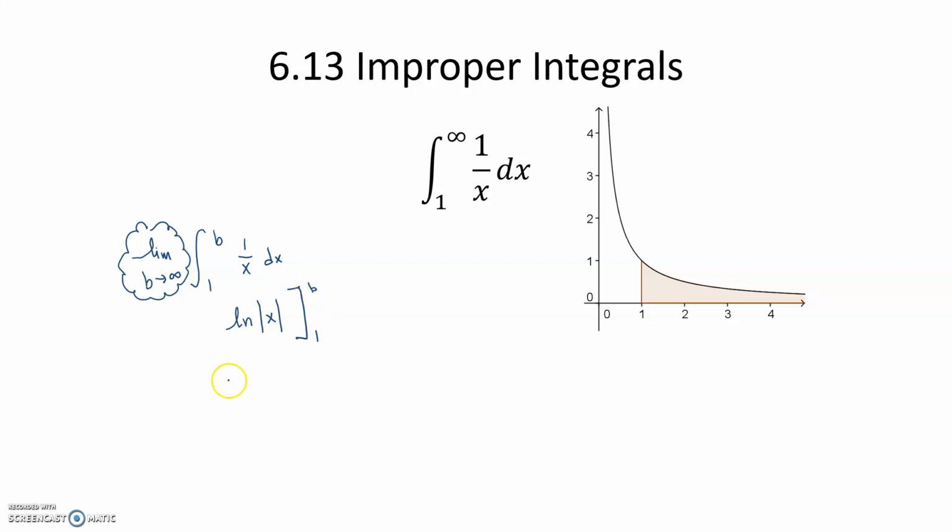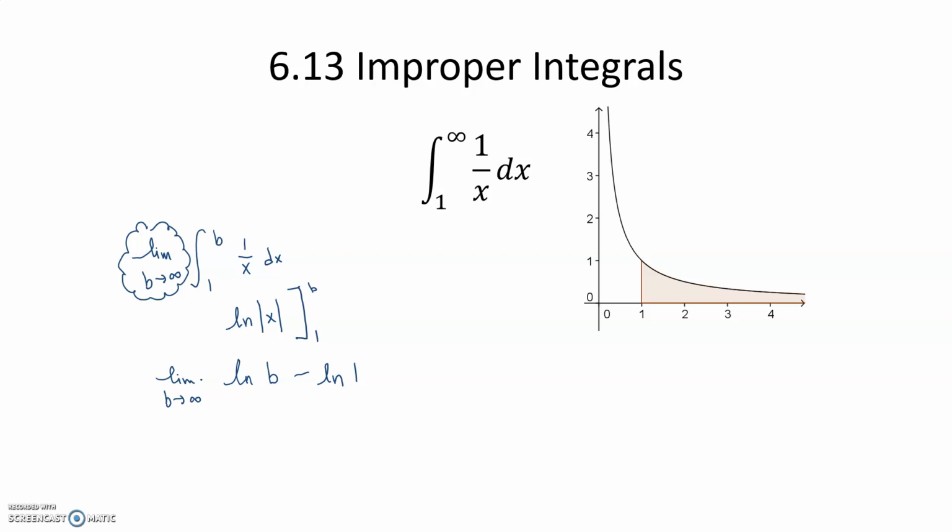Well, I know b is positive because we're taking b out to infinity and we're starting at 1. So I don't need those absolute value bars. So natural log of b minus natural log of 1. And now we finished the integration, and so now we're going to do the limit as b goes to infinity.